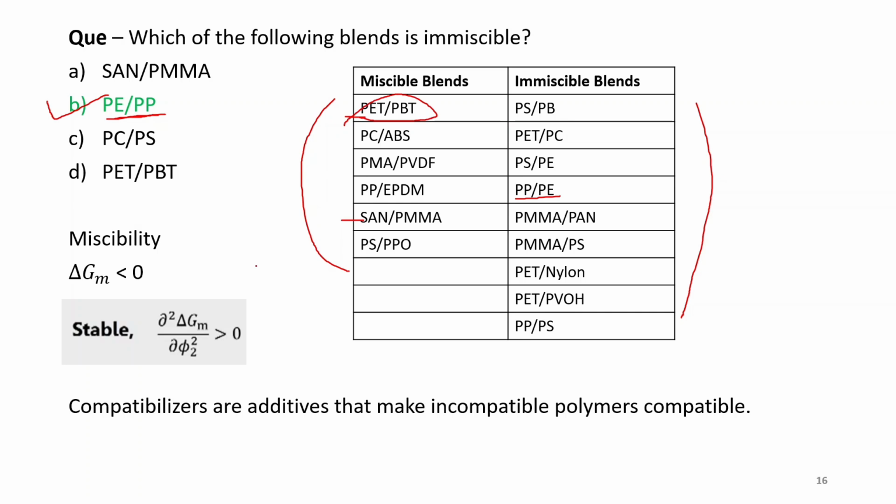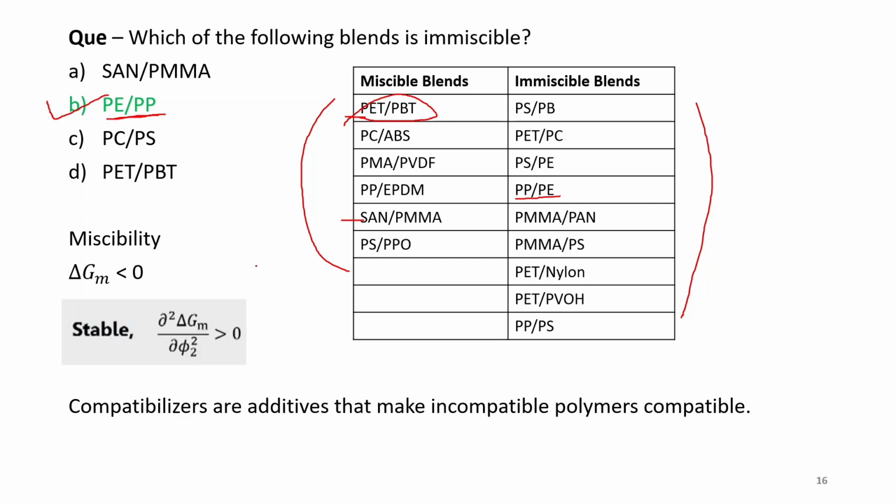For any polymeric blend to be miscible, there are two conditions. First, the change in the free energy of mixing should be less than 0, meaning the blend undergoes a spontaneous process. And the second, for being stable, the second derivative of the change in the free energy of mixing with respect to the volume fraction should be greater than 0.